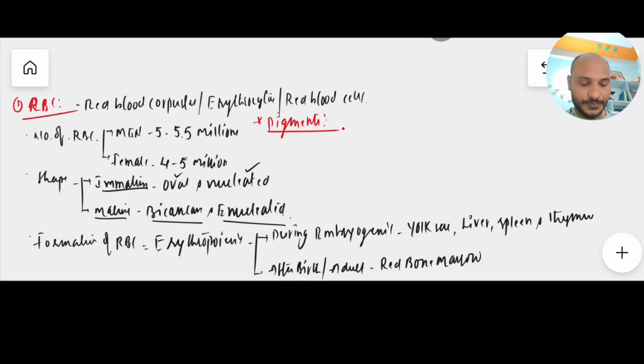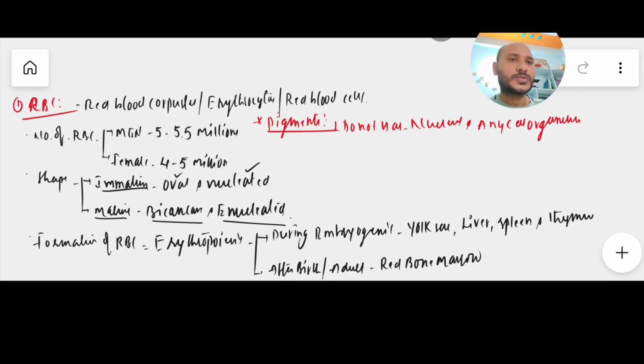RBCs of most mammals, including humans, do not have a nucleus or any cell organelles like endoplasmic reticulum, Golgi apparatus or mitochondria.